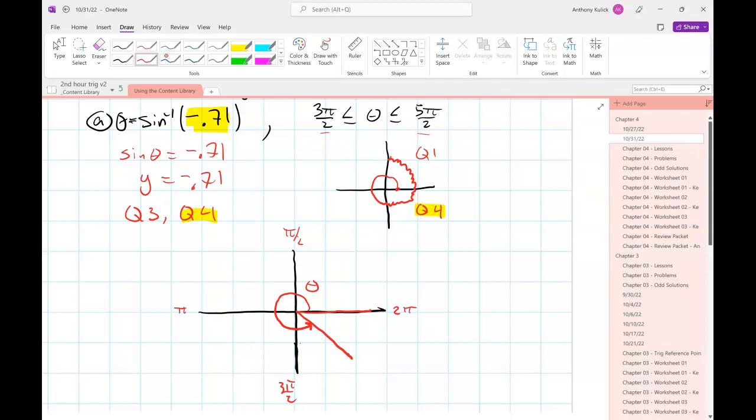Now I'm going to label this angle with the Greek letter phi. So it's just another variable.